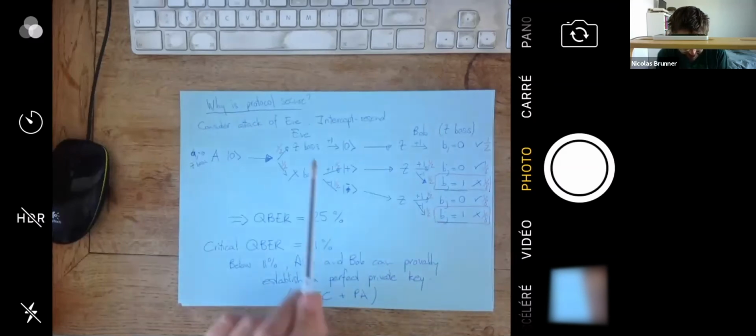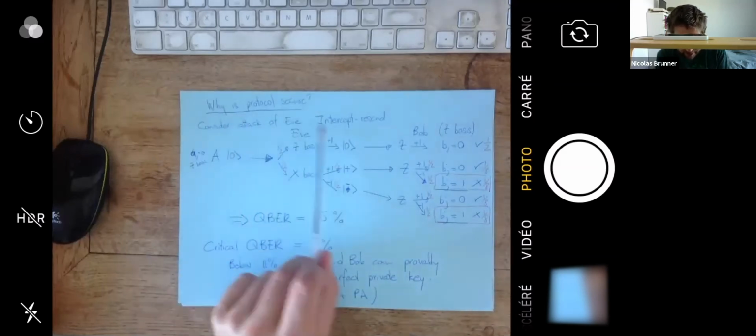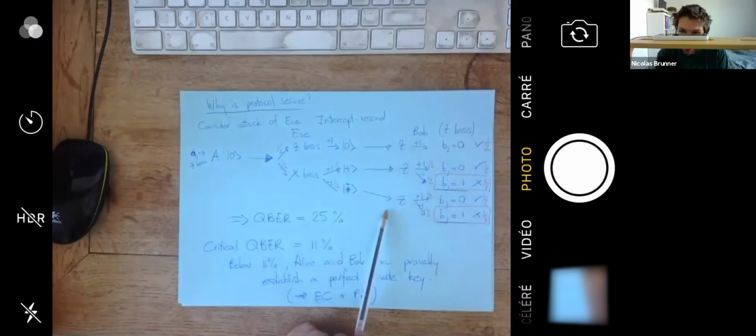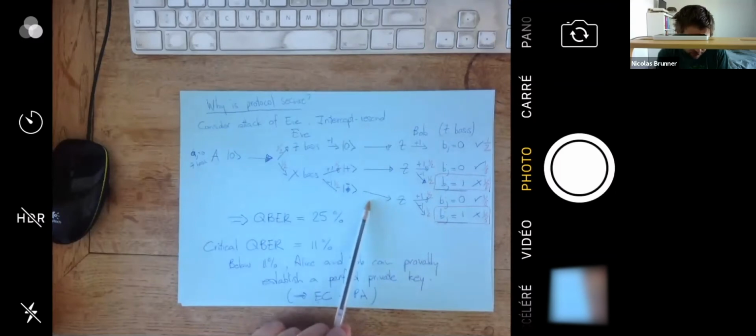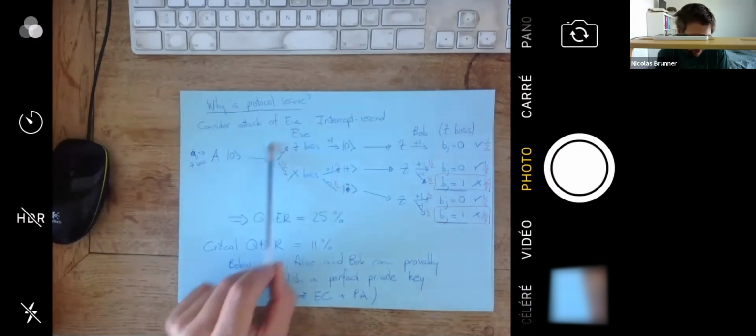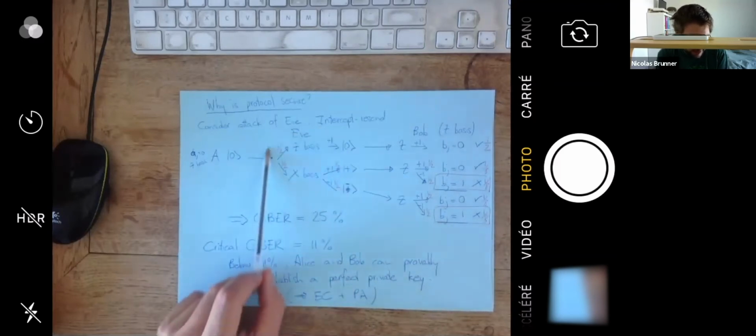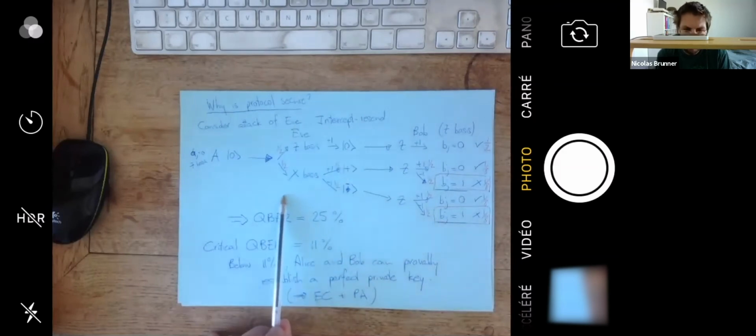Well, the reason is that here we considered one very specific type of attack. But in general, in the protocol, Eve could perform whatever attack she wanted. She could use a quantum computer, for instance. She could do any operation that is allowed by quantum mechanics, in fact.